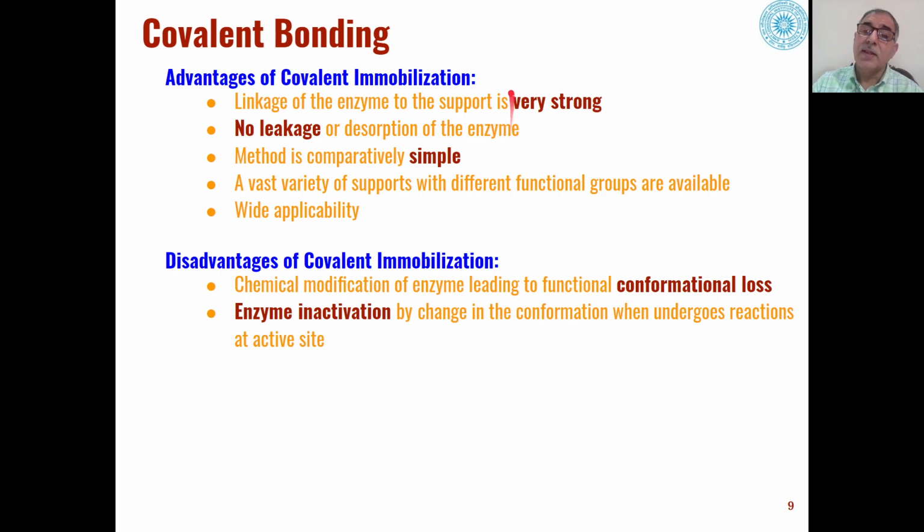So comparatively the enzyme activity will be high because there is no leakage or desorption of the enzyme. And the methodology for covalent bonding is very simple because we have to use only a linker which can attach the support to the enzyme through covalent bonding.